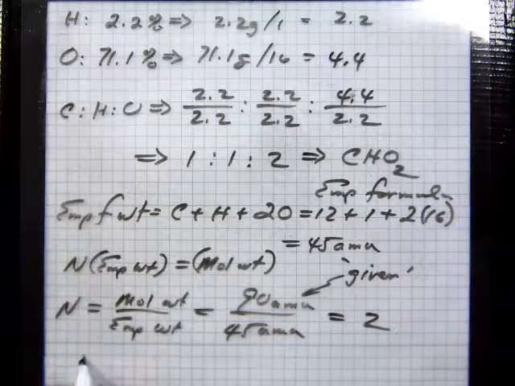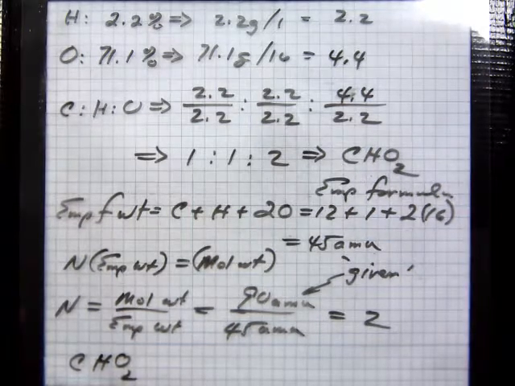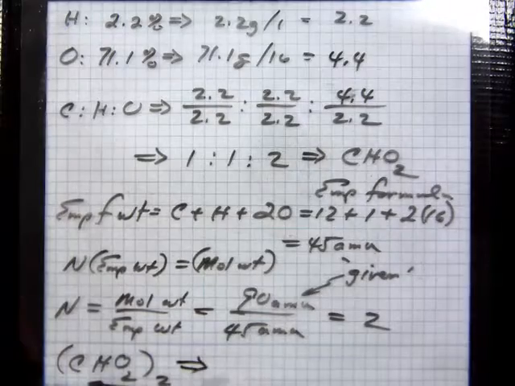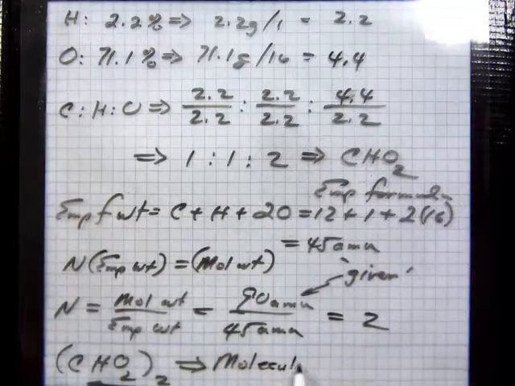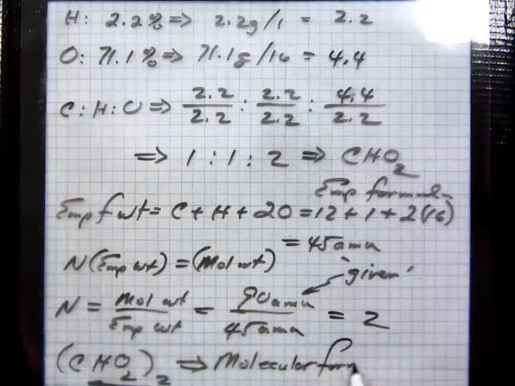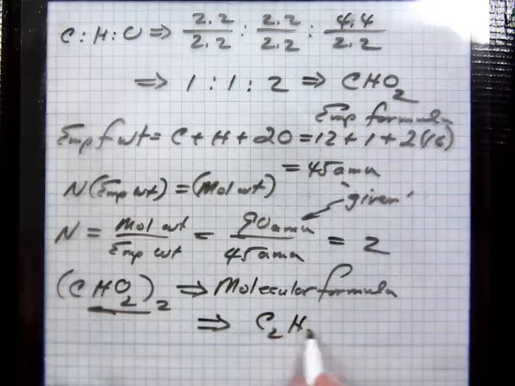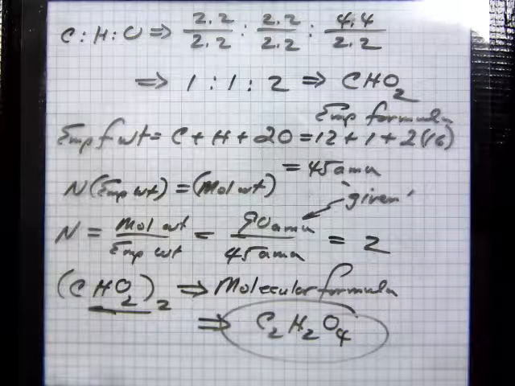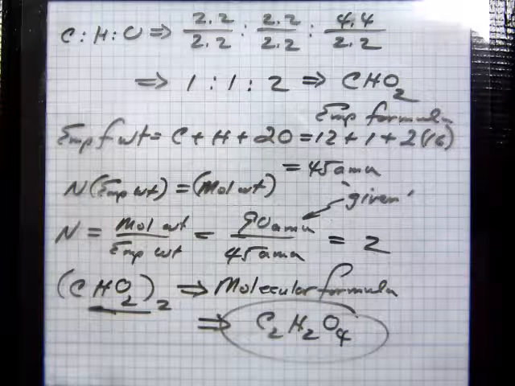So if you have CHO2, you want to distribute the 2 through, and your molecular formula therefore is C2H2O4. So it's just a matter of finding what that whole number multiple is and distributing it through the empirical formula.